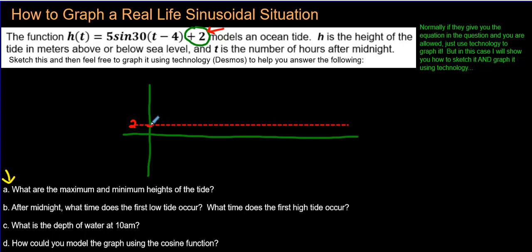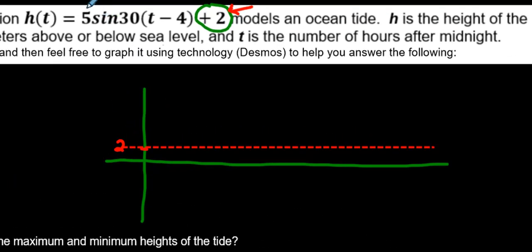Okay? Now from there, the next step is, and I'll continue writing in red, we're going to deal with the amplitude. The amplitude says how high it goes up from this axis of the curve. So this number in the very front here is a 5. And don't worry if it's positive or negative, because the amplitude is always positive. The negative would just mean your curve is being flipped upside down.